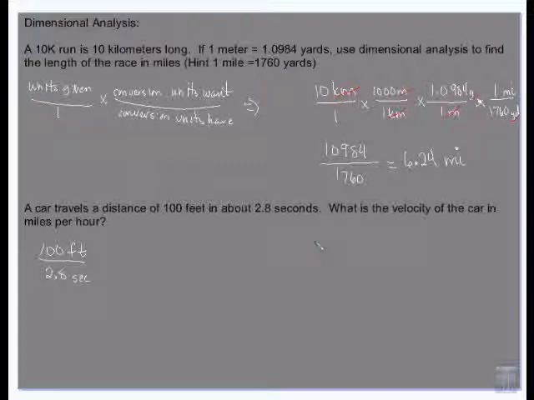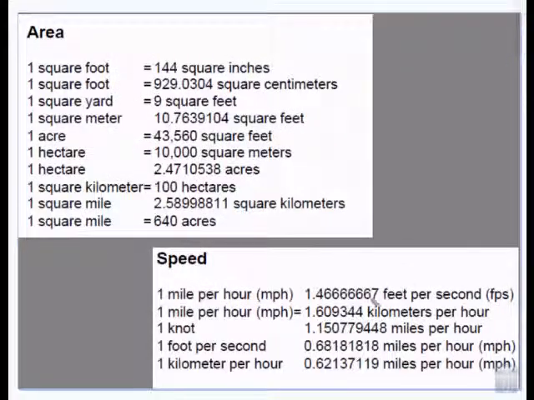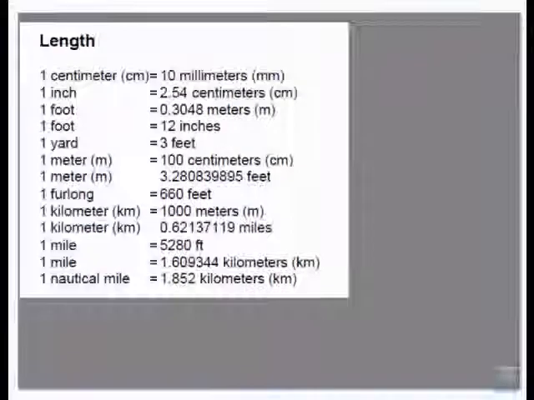So I need to turn the feet into miles and the seconds into hours. So hold on. Conversion factor, right? Miles per hour is 1.4666 feet per second. So if we come back here, 4 with repeating 6s and then a 7.